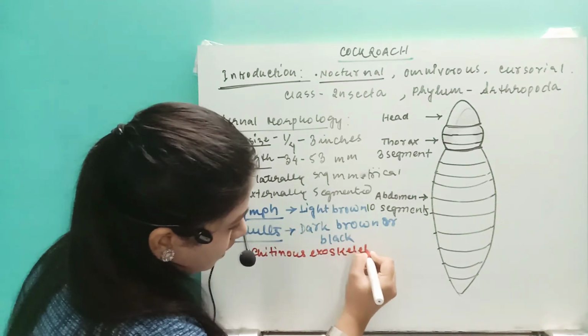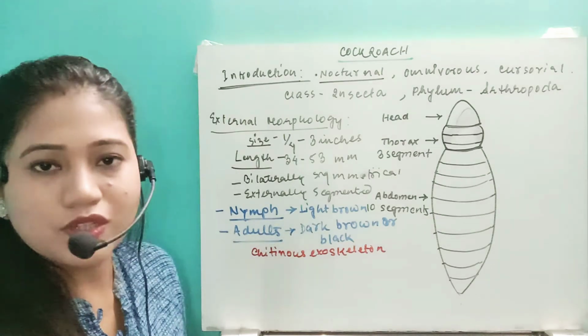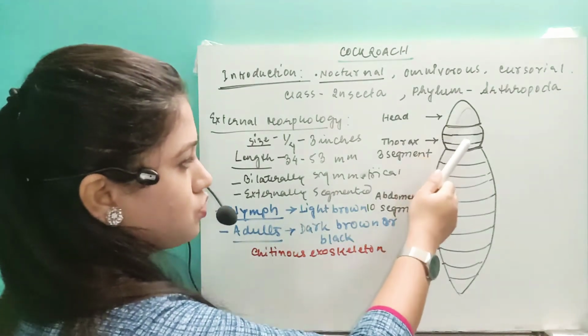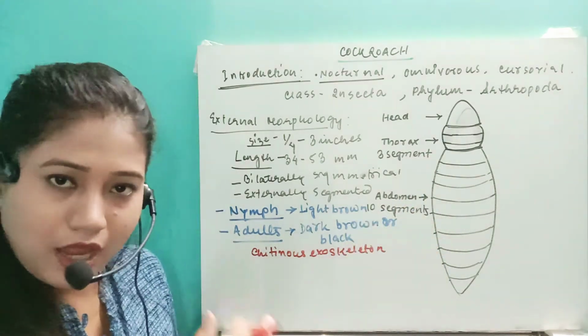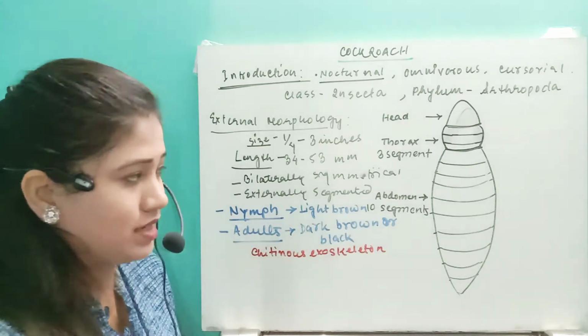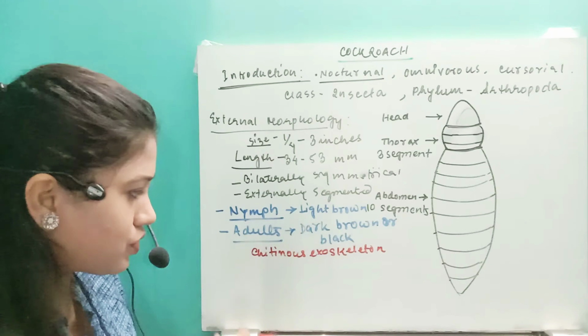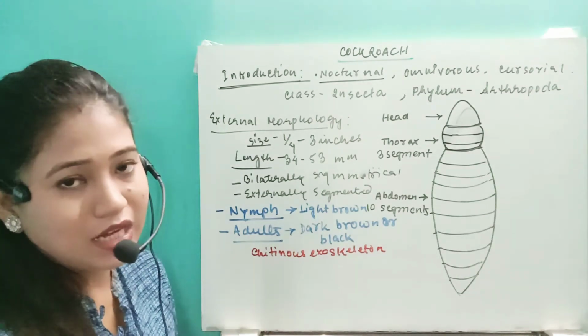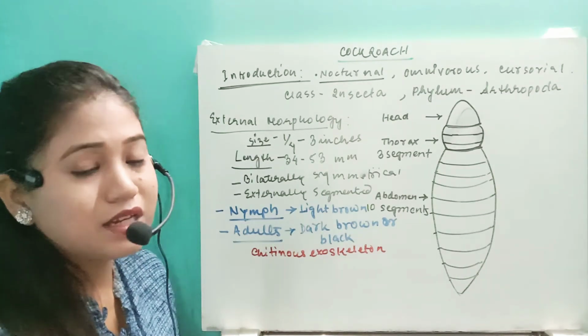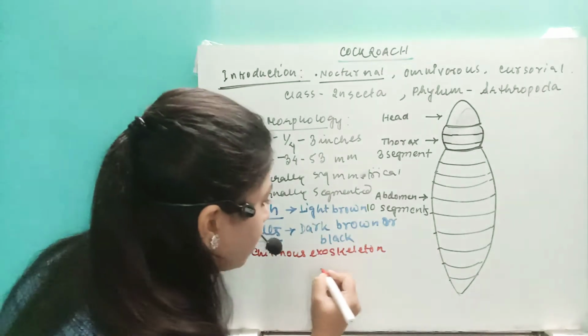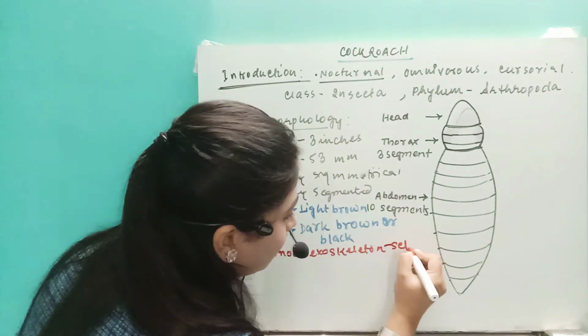This chitinous exoskeleton is present in the head, thorax and abdomen, in every segment. Those segmented chitinous exoskeletons are known as sclerites.